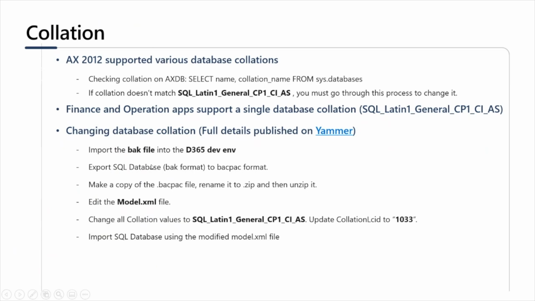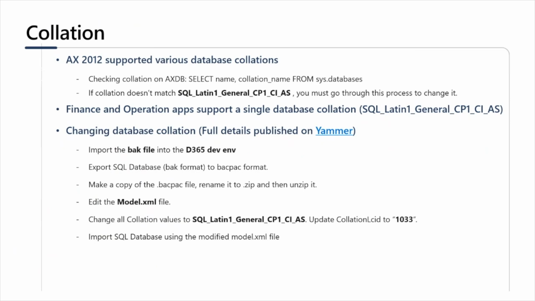This process allows you to change the database collation by creating a duplicate database of the required collation. The full process is already published on Yammer as per this link. The very high level steps are: you take a backup of your database into a Dynamics 365 environment.